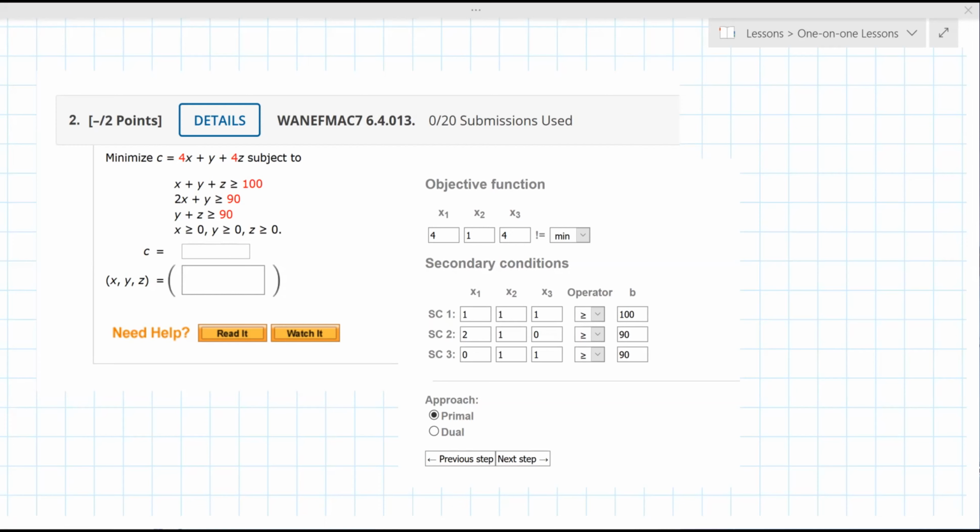Okay, so this calculator has a limitation for this, and I'm going to do the same thing, but I'm going to try to solve the dual now. The 2, 1, 0 equal to 90. Minimize, okay.